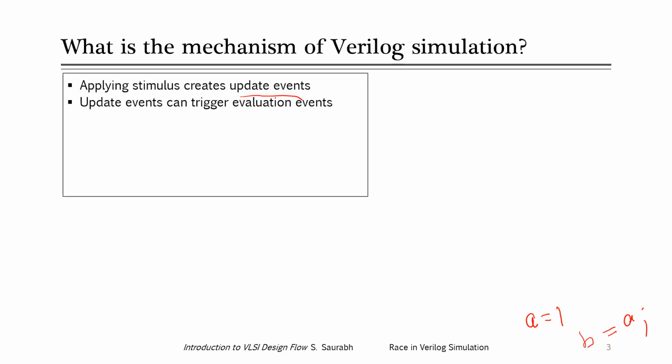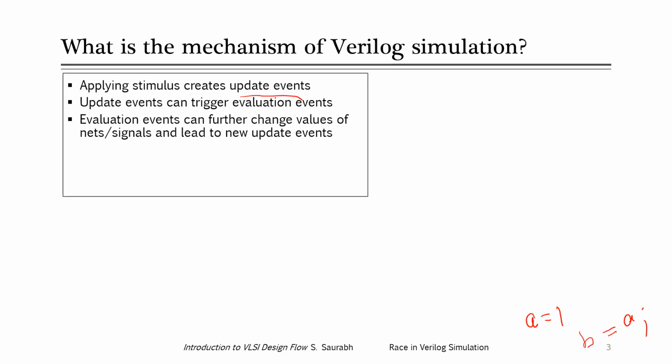So an update event can trigger an evaluation event, meaning that if a changes its value, then the value of b, which is dependent on a, should be evaluated and it needs to be updated also. So an evaluation event on b will be created and the evaluation can further change the value of nets or signals and it can lead to a new update, right? So the value of b will be changing, in this case.